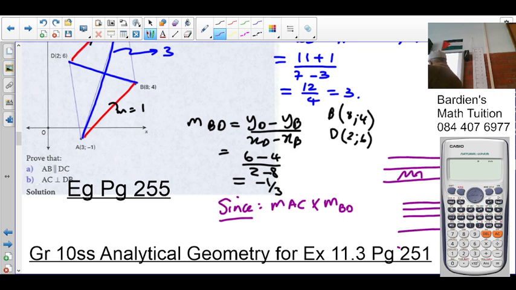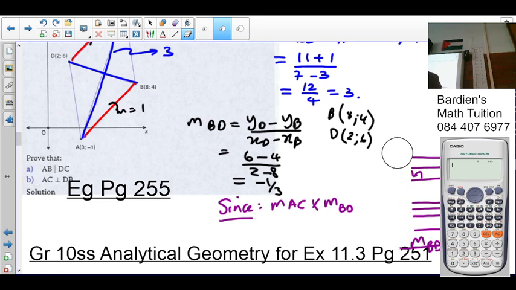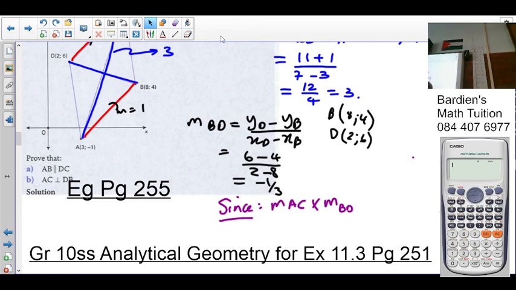Small m, and subscript BD. Not capital M. Okay, since the gradient of AC and BD is equal to 3 times negative a third, which is equal to negative 1.